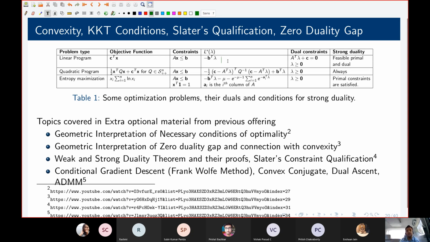It's possible, but the form of the dual cannot change drastically.